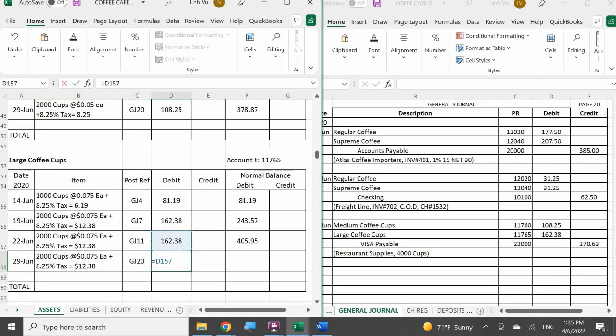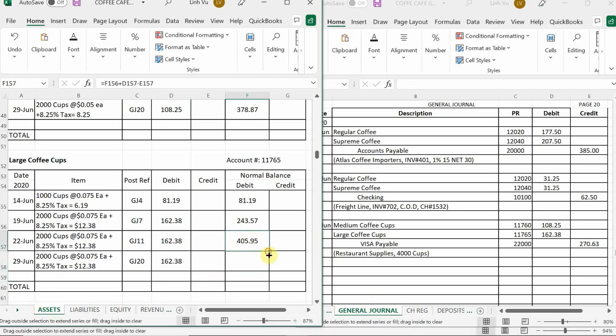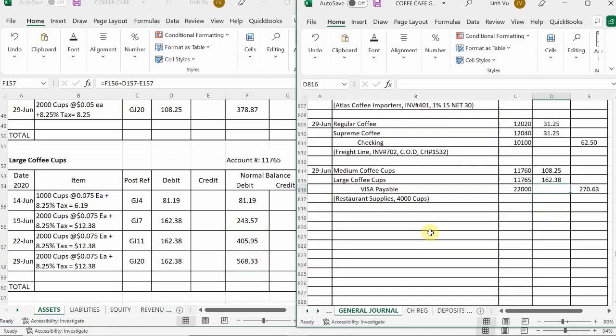Same amount for 162.38, which will give me a total account balance of $568.33.